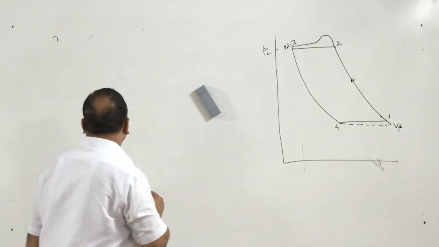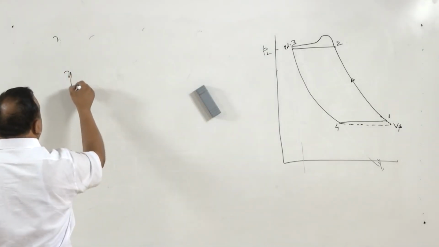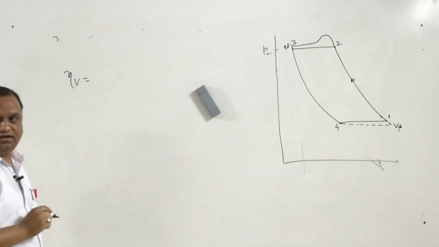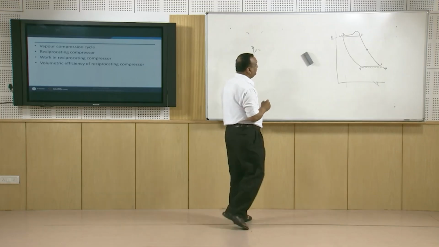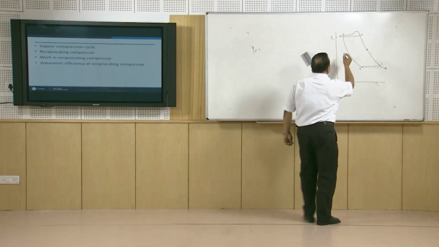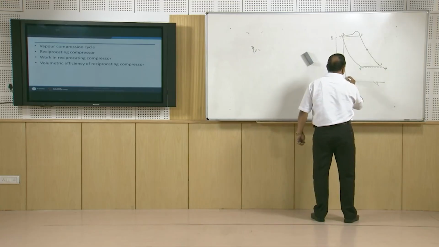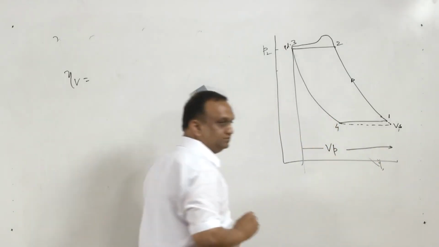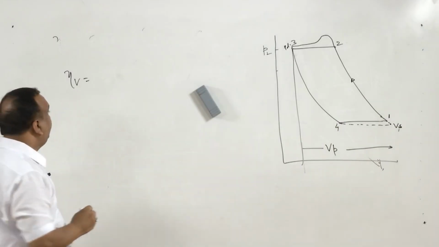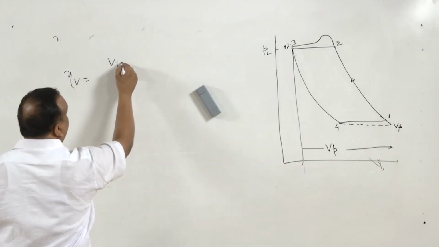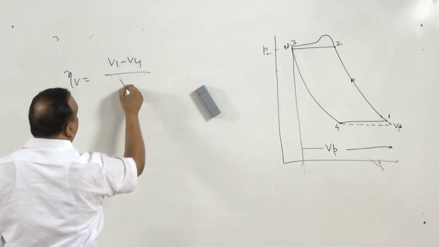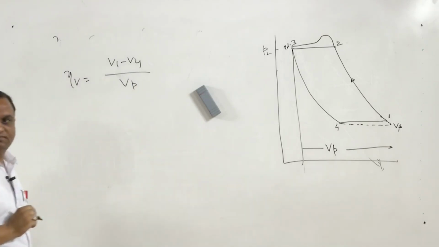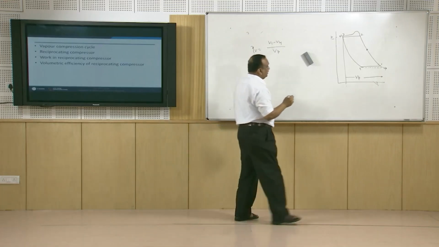Now in this case, if I want to find the volumetric efficiency, this is the same, Vp. Vp is up to here. So volumetric efficiency is V1 minus V4 divided by Vp. Now V1.